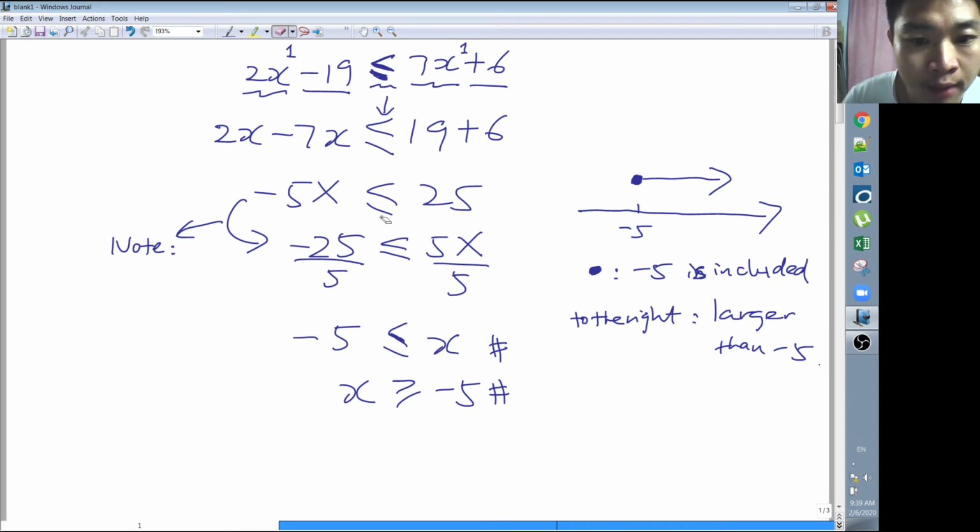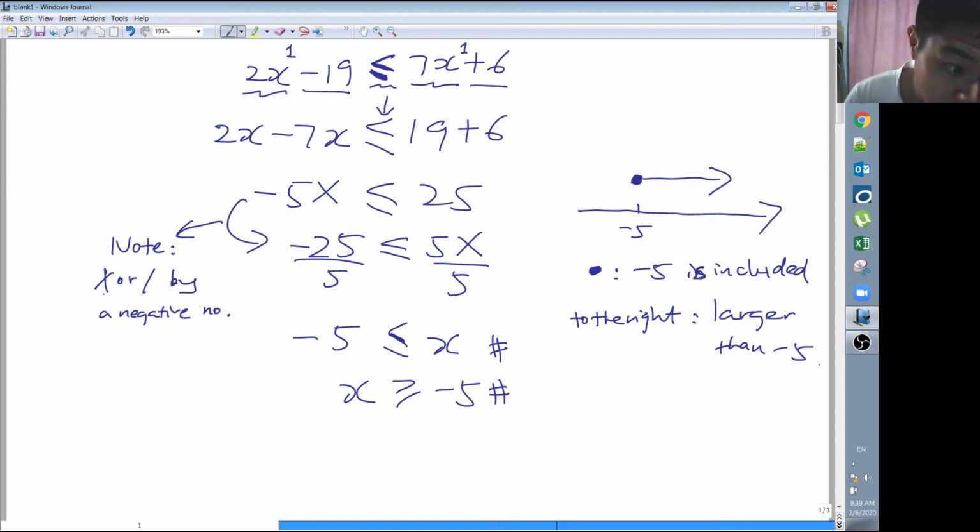I managed to transform the inequality into another format without changing the value, and I have avoided times or divide by a negative number.